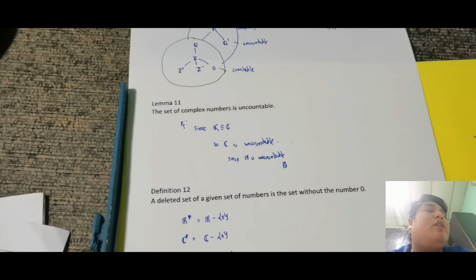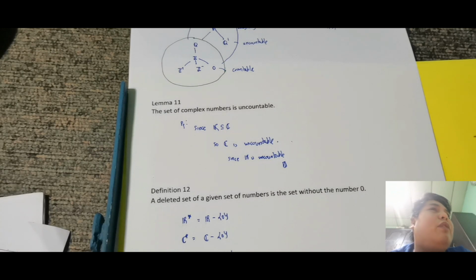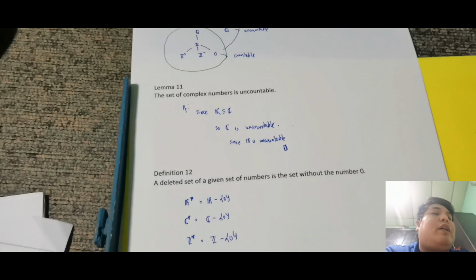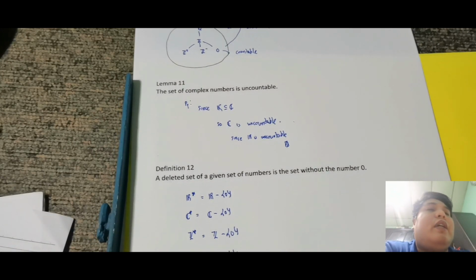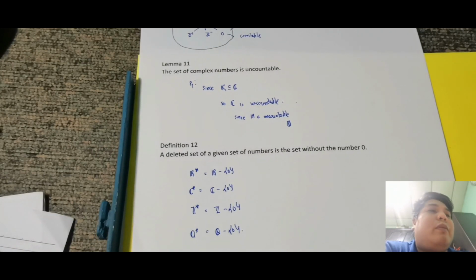Pag sabi ng the set of even integers is countable, since the set of even integers is just a subset nung integers which is countable. Pero tama yun, kasi kung countable yung malaki, dapat countable din yung maliit. Imposibleng uncountable kasi yung subset niya. Okay, so that's all for this video. Hoping na may natutunan ka.